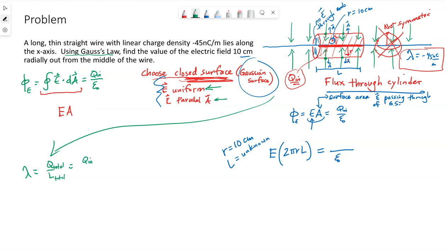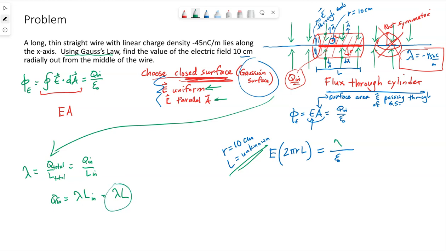The charge density is also the charge within a certain segment divided by the length within that same segment. So Qn is going to be lambda times length n, but that is the length of my cylinder, this closed surface or Gaussian surface I've chosen to draw. It is unknown. That's okay.